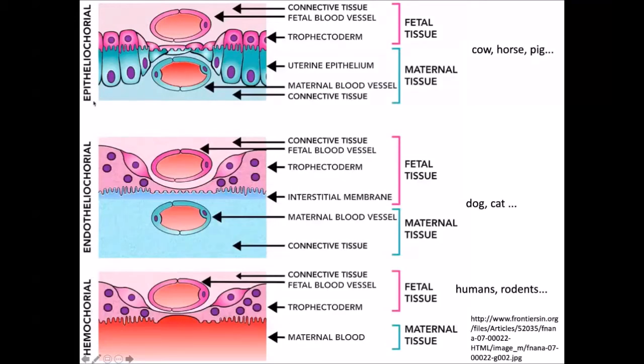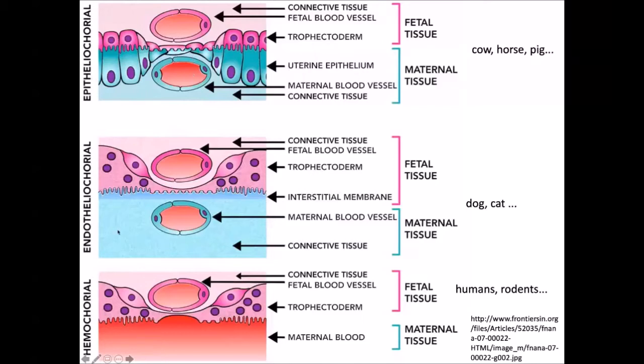So when I say a placenta is epitheliochorial, what I mean is that the epithelium of the placenta is simply attaching to the epithelium of the uterus, and then you have the 1, 2, 3, 4, 5 tissue layers separating maternal and fetal bloodstreams.